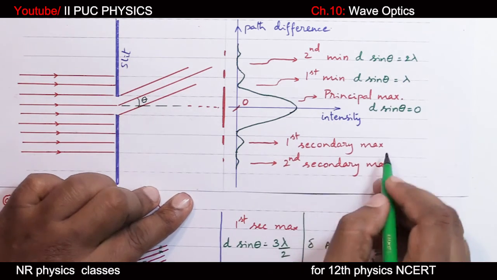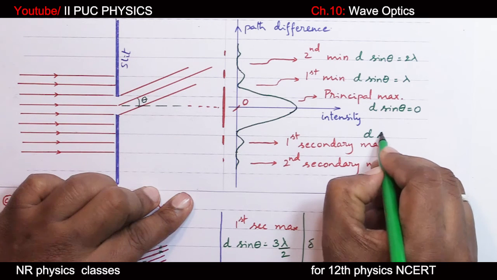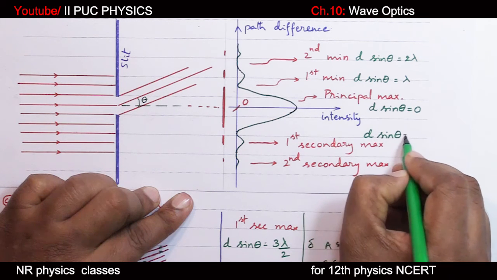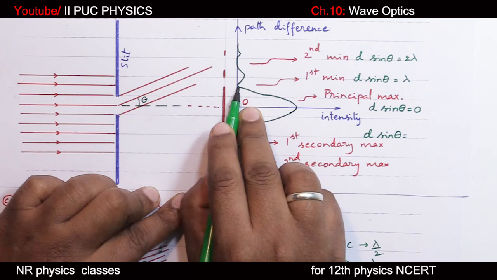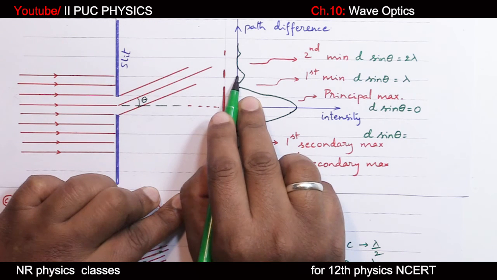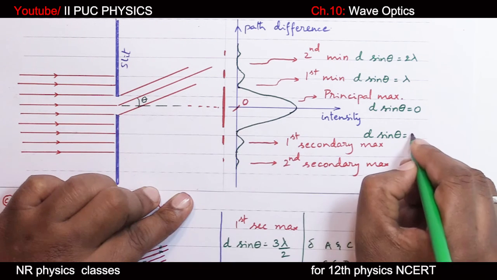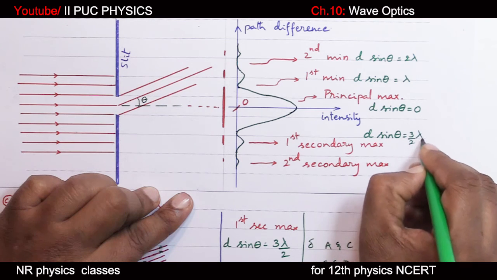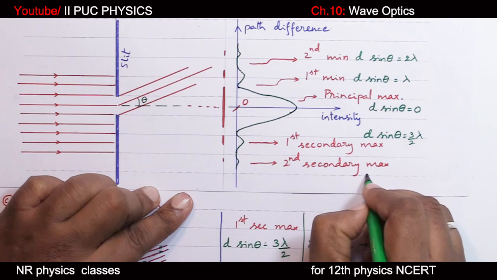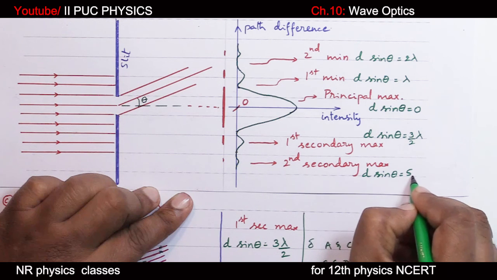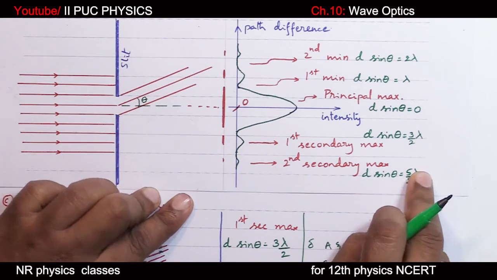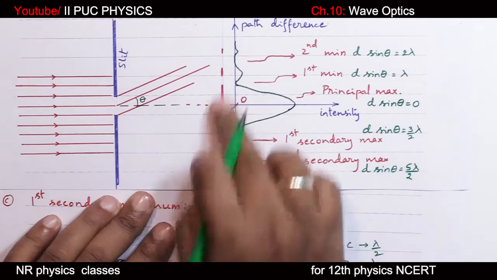And for the first secondary maximum, d sin theta equal to 1.5 lambda, that is 3 by 2 lambda. For the second secondary maximum, d sin theta equal to 5 by 2 lambda. Let me consolidate all this.